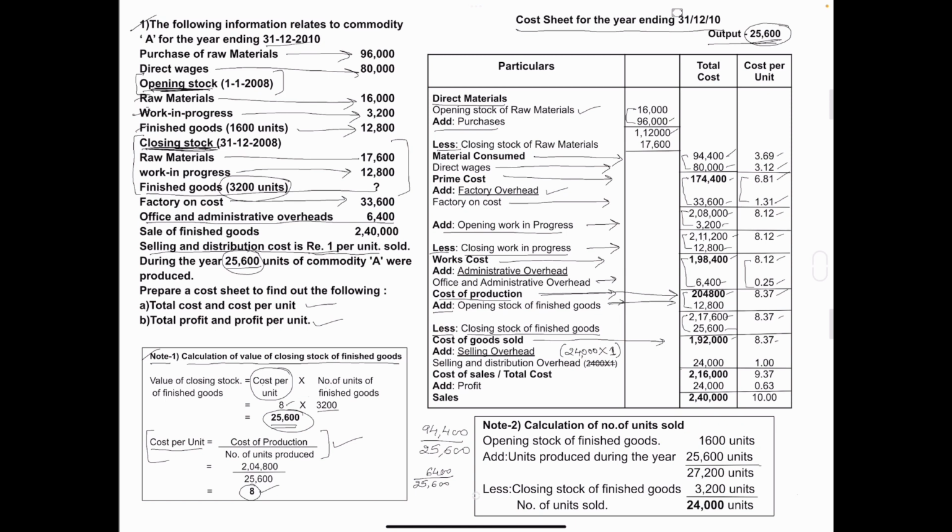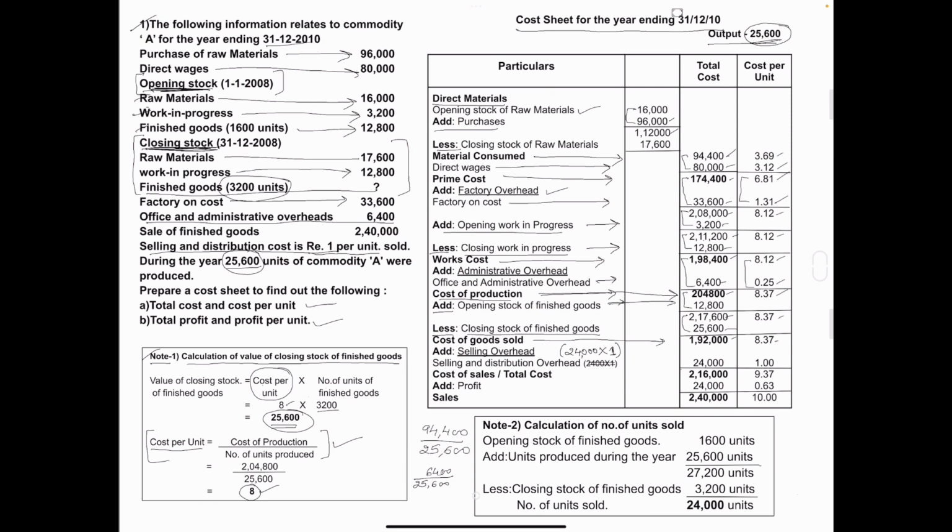Means if you sell one unit, the selling overhead is ₹1. We have to see how many units they have sold, so that we can write the total cost of selling and distribution overhead. How many units they have sold is not mentioned in the problem, so we have to calculate that.